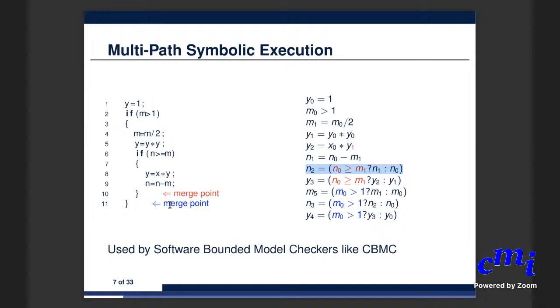Similarly, there is another merge point corresponding to the second conditional. For the first one, you have to generate one merge for every variable that can potentially get modified in that conditional statement. Similarly, in the second one, you generate one for m, n, and 3.